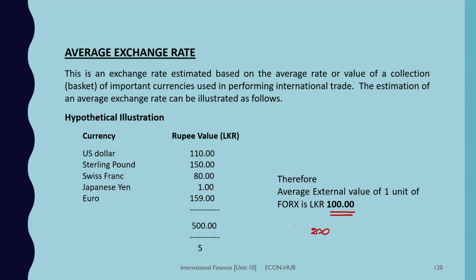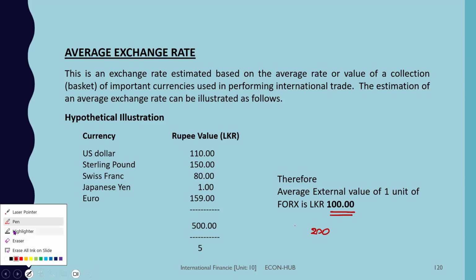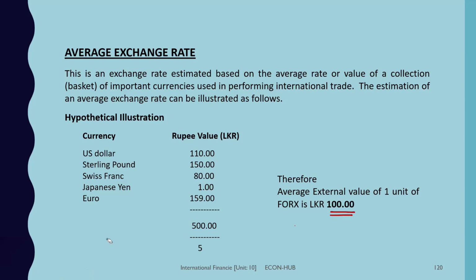I do the same calculation at the end of the year, so for 1 unit of forex in our basket of 5 currencies, the average in 2021 and in 2022, I get the value at the end of the year.